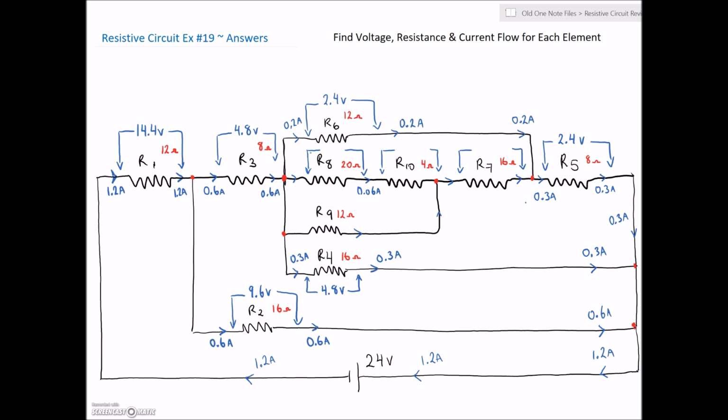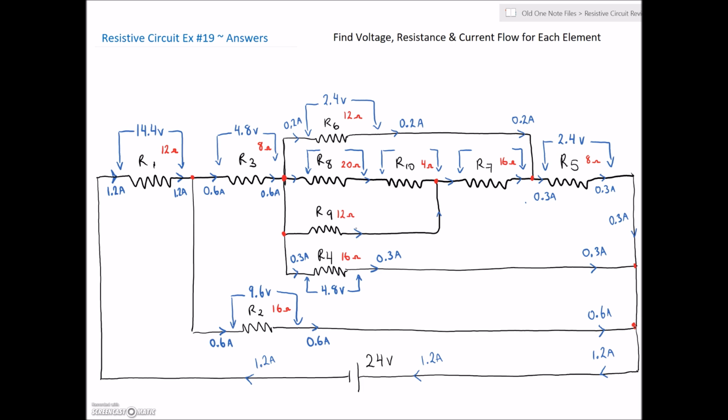Okay, so that 2.4 volts is across here and here, but we have to take into account that these guys are in parallel. So we have the 2.4 volts, but we need to find the equivalent resistance of these guys one more time. So here we have 24 ohms in parallel with 12 ohms, right?